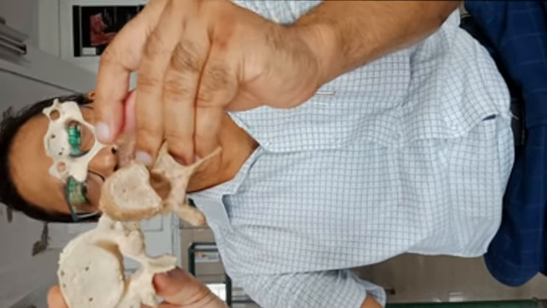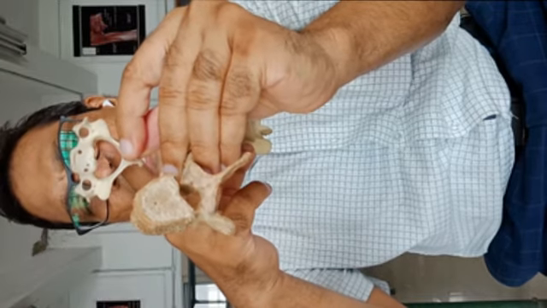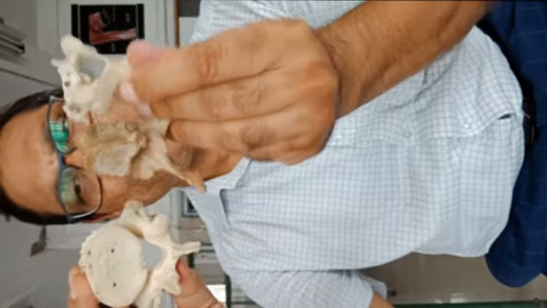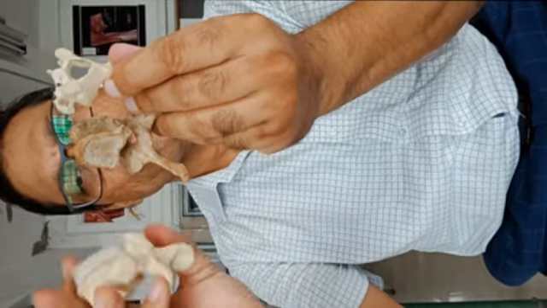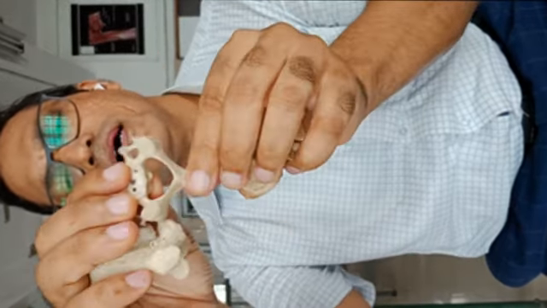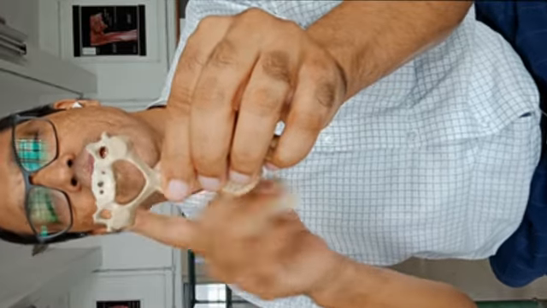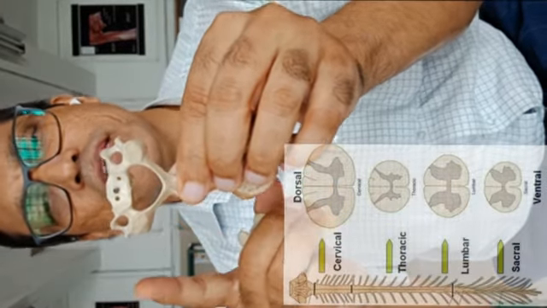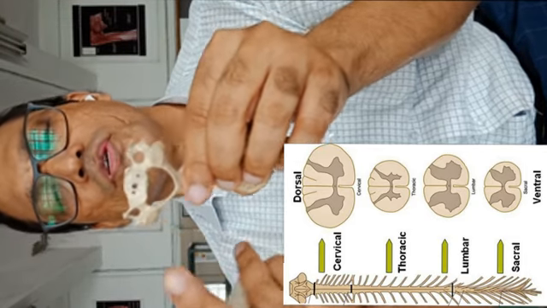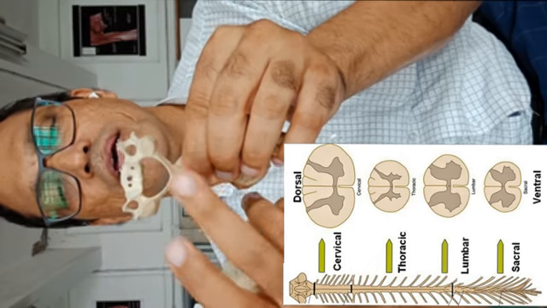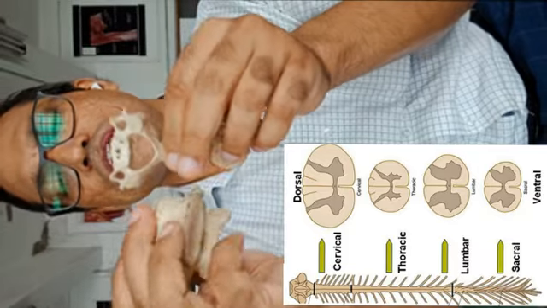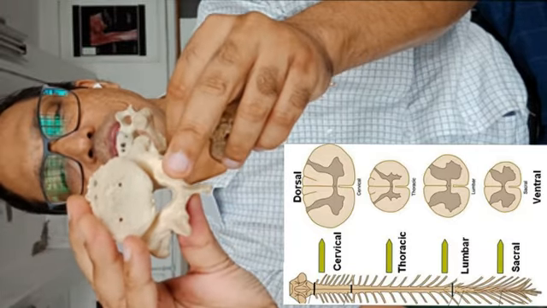But we can easily compare that the vertebral foramen is largest in the cervical, because of the cervical enlargement of the spinal cord. We have already studied the brachial plexus, the nerves which come out to supply the upper limb, so that's why the cervical enlargement is there and the size is bigger in the cervical vertebra, which is not there in the lumbar vertebra.